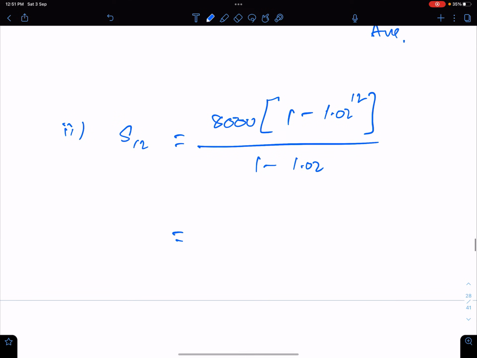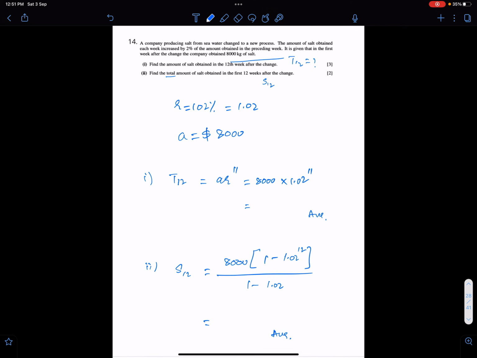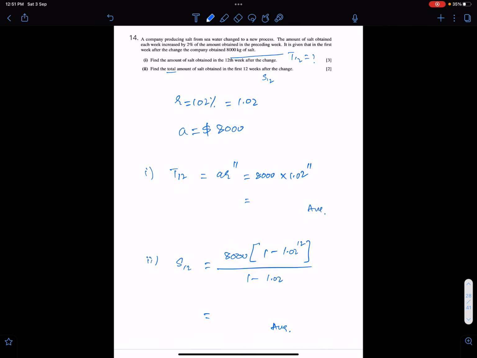And leave your answer up to 3 significant figures. Check this solution again, please. In the first part, we needed T12. In the second part, we needed S12.